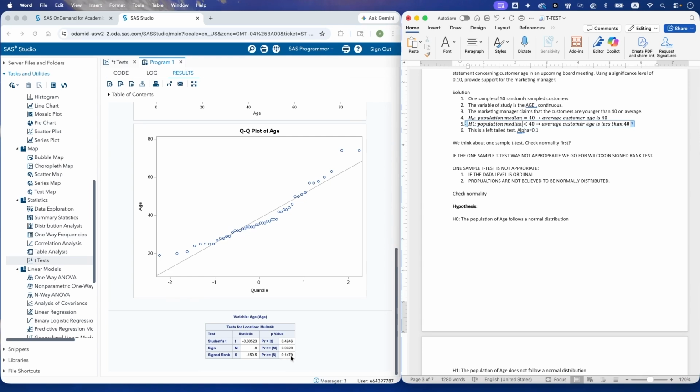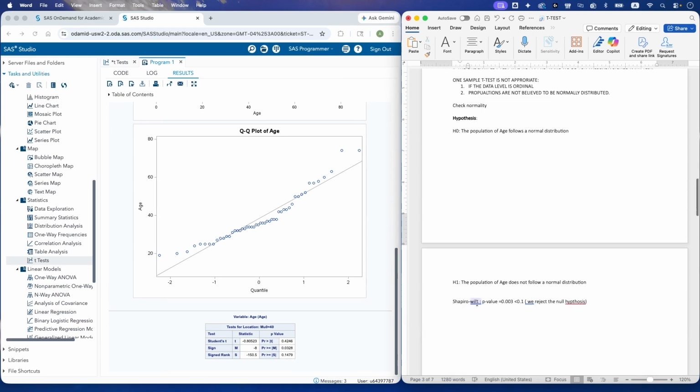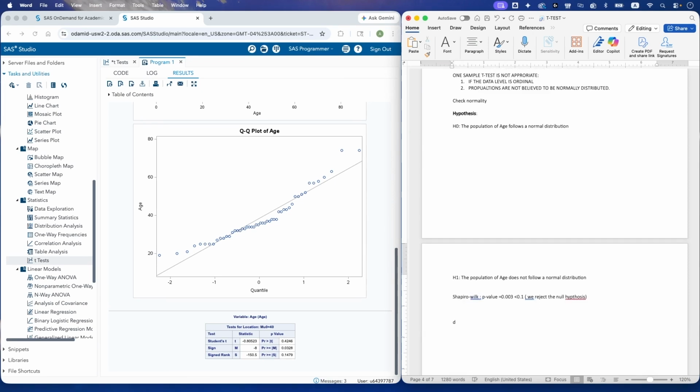No, we have to divide this by 2 because it's a one-tailed test. This gives us the two-tailed test. So I'm going to divide the given value, 0.114, by 2, which is approximately 0.057.